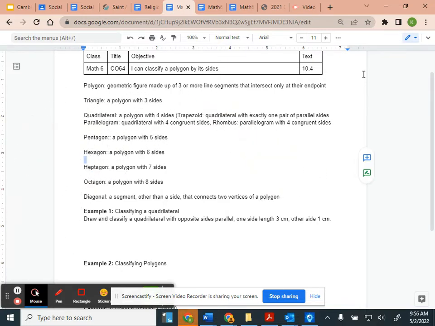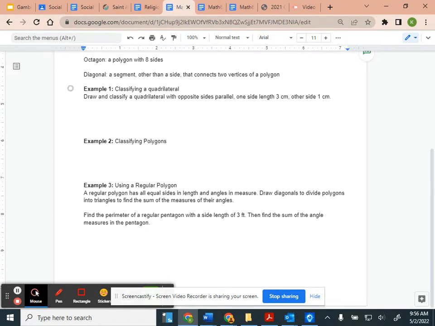Let's move it up. And let's see how we're going to work with these. Classifying a quadrilateral. Draw and classify a quadrilateral with opposite sides parallel. One side length is 3 centimeters, the other side is 1 centimeter. So opposite sides are parallel. What might it look like? Could look like a rectangle.